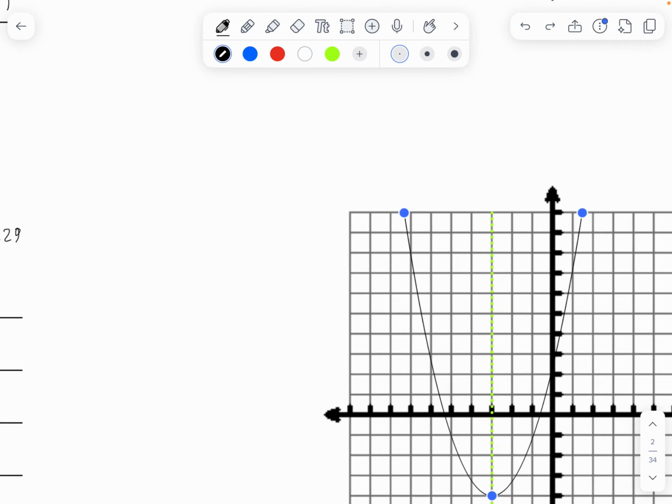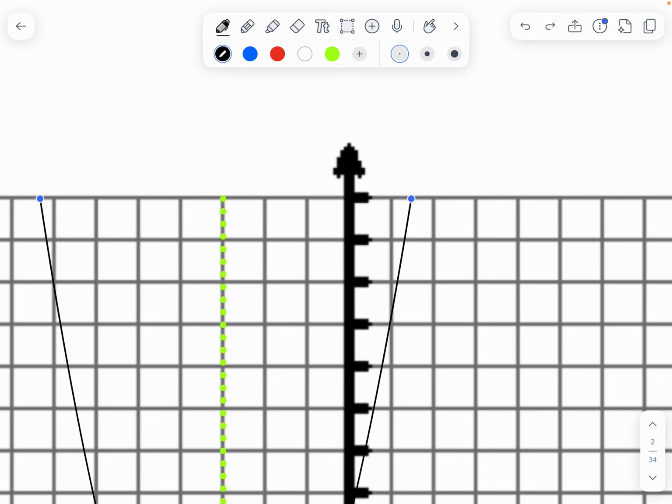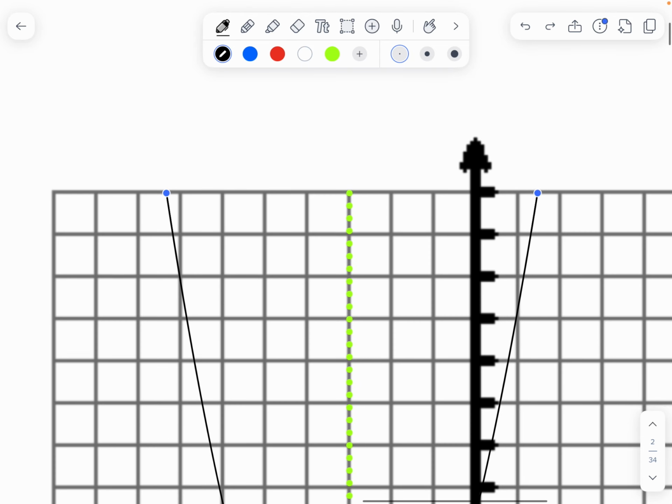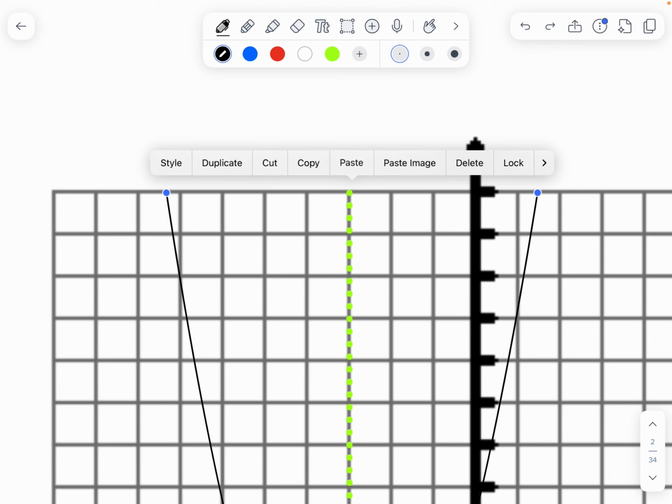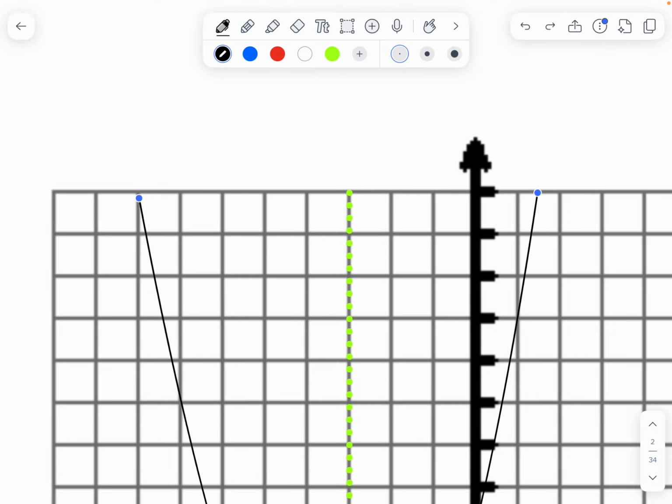Yeah, it should just be 2.29. But then both sides aren't equal. Oh, because this is over here.